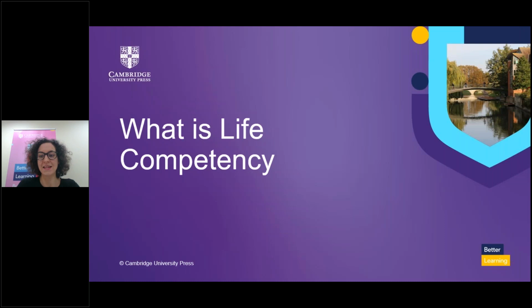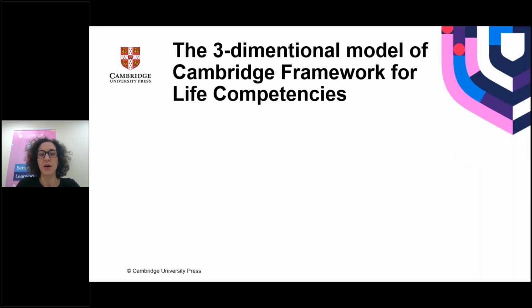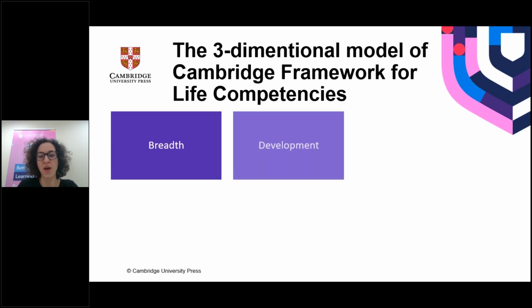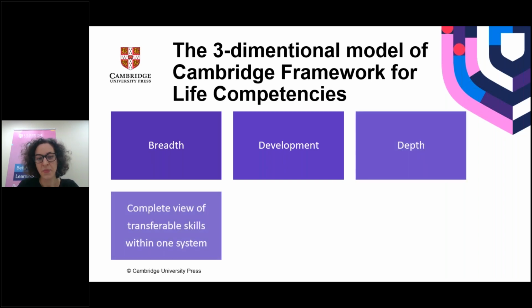So what is life competency? According to the Cambridge Framework for Life Competencies, it's a three-dimensional notion, and it consists of breadth, development, and depth. Breadth means that there is a complete view of transferable skills within one system.